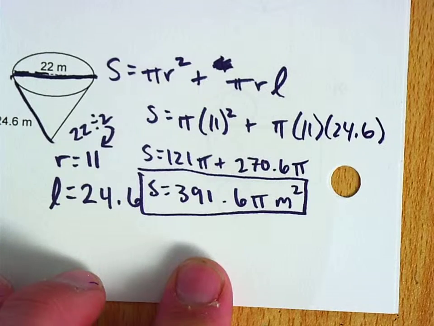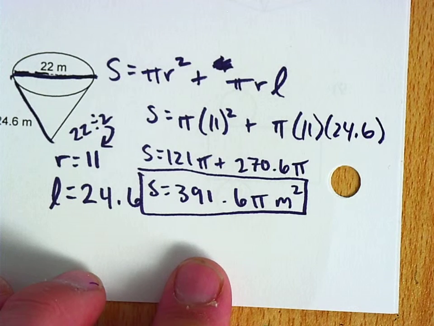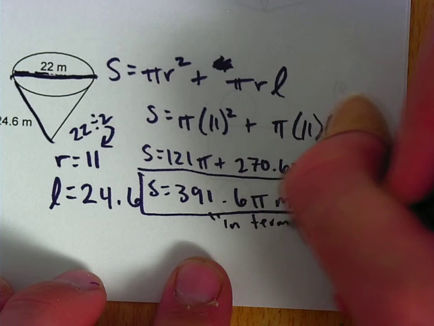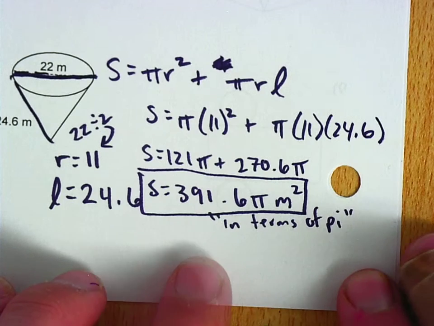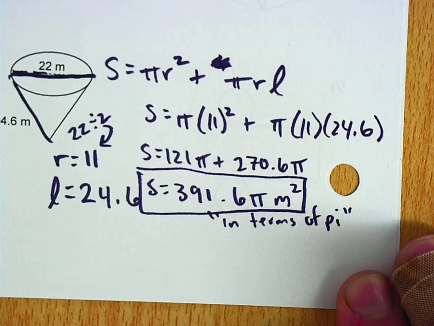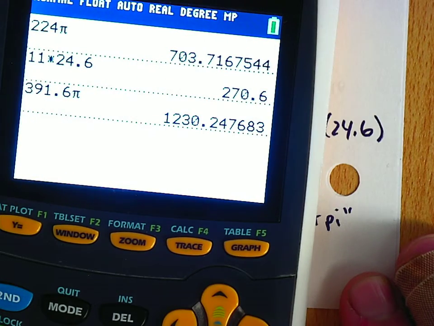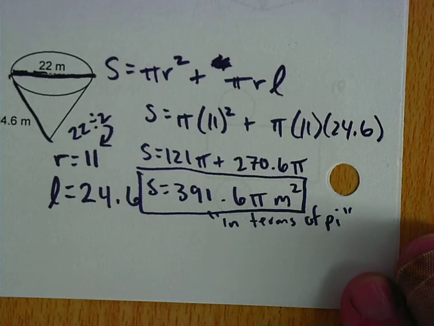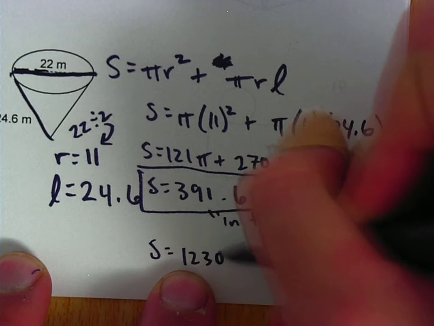And again, you can just leave that answer in terms of pi. Right, in terms of pi. If you were to try and get the decimal answer, you would just type it into your calculator like that. And then you would get this 1,230.25. Just remember, we're rounding to the nearest hundredth.